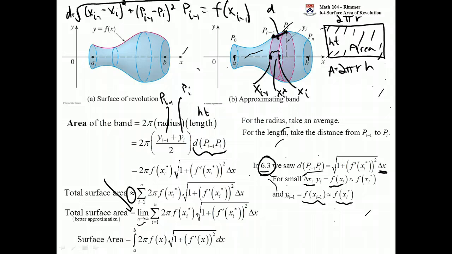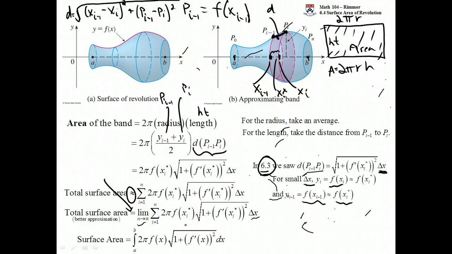Now, what's so special about this is it's just one particular setup. There are many different versions of the formula, just like we had for shell. When we derived the formula for shell, there were many versions of the formula. And so for the surface area of revolution formula, there'll be many versions, but this is one particular version where we have 2 pi times f of x, times the root of 1 plus f prime of x quantity squared, times dx. This part is ds. It's a part of arc length.